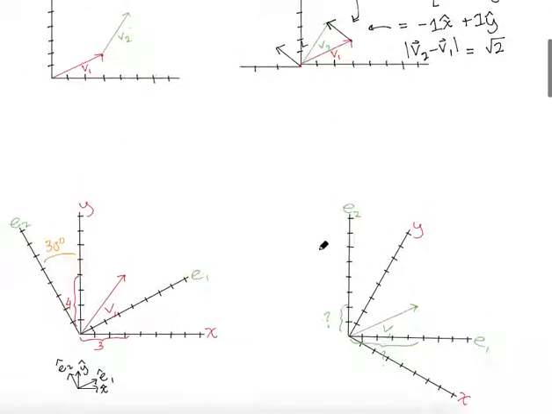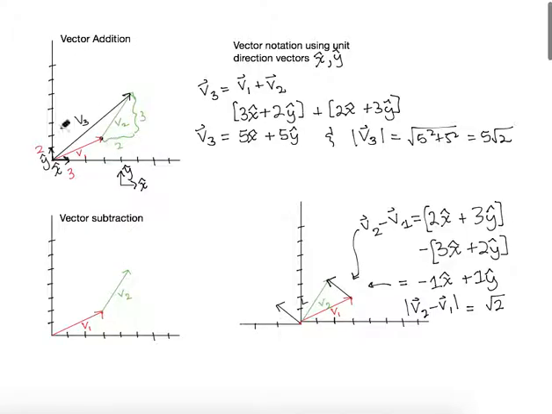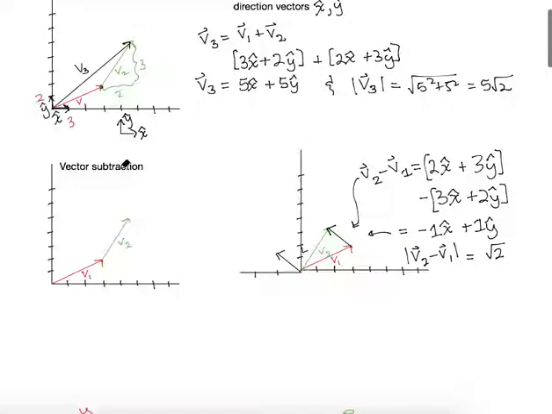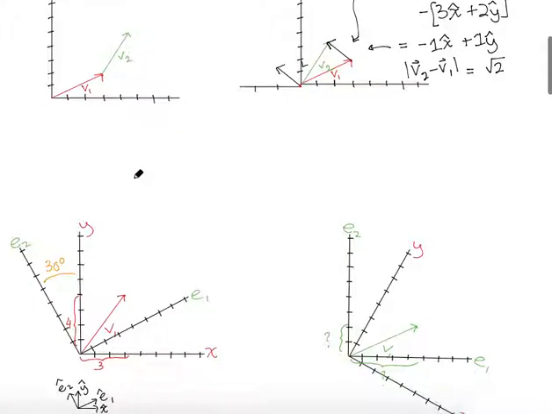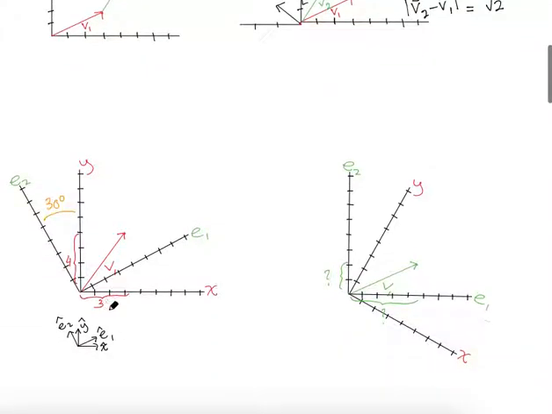Anyway, so these unit vectors aren't in this orientation, the xy direction, but it's not a special direction. You can have another direction that's labeled E1 and E2. These two directions are perpendicular to each other, such that you get these unit vectors. Let's say just for this example, they're 30 degrees off of each other.